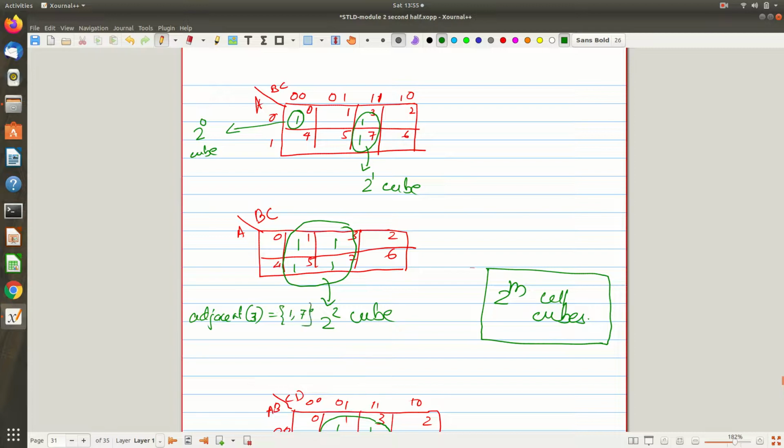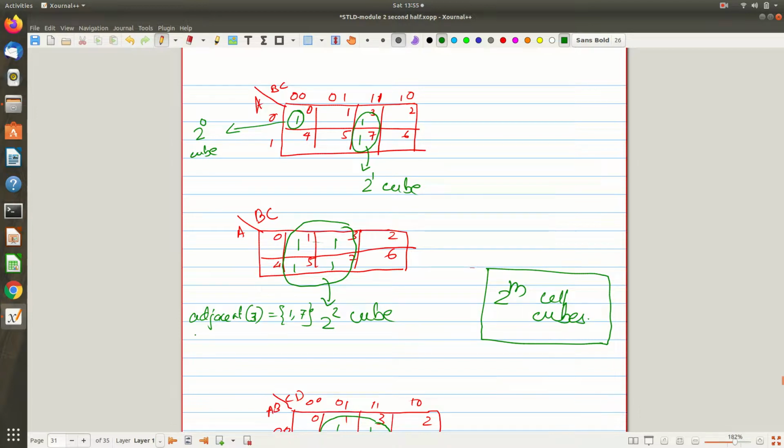Is that concept clear? When we move from cell number 1 to 3, you can see that only one variable is being eliminated. That is the idea behind this kind of grouping. If you have a group with 2 power m cells, then only can you eliminate variables accordingly.